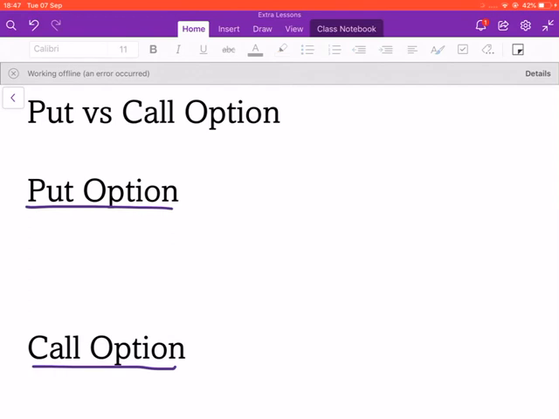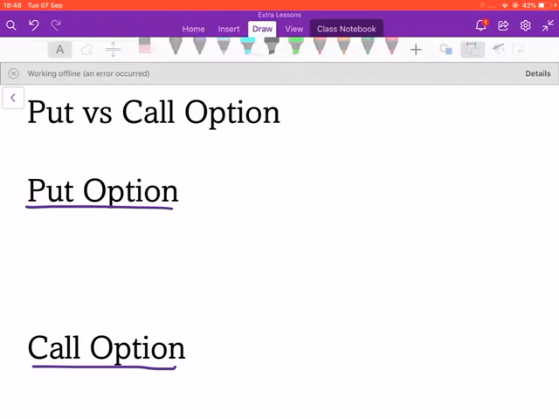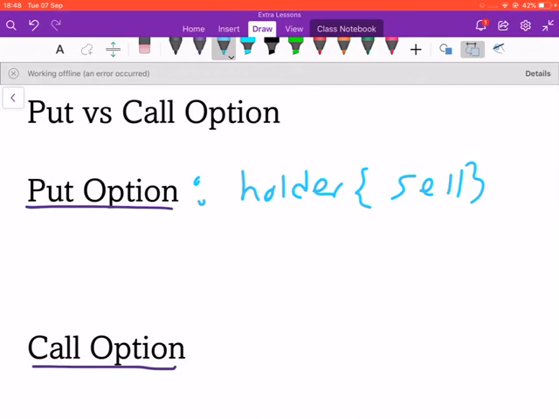So there's a difference between a call option and a put option, right? A put option gives the holder, the person who will sell, the right to sell the underlying, but not the obligation to sell it.